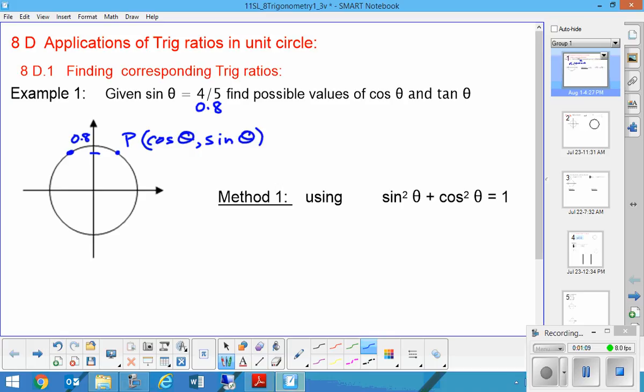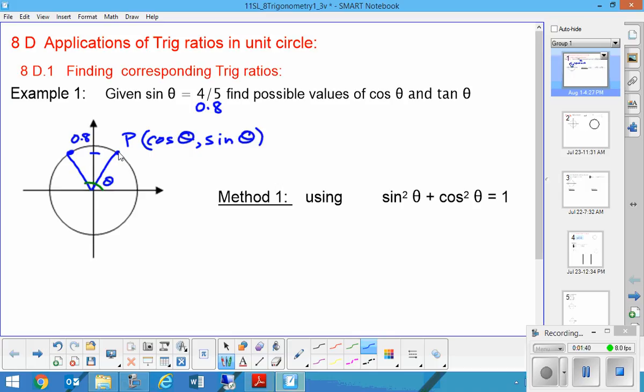So there's two places where P could be, where sine is equal to 4/5. In other words, there are two angles that we could give as an answer, either that angle or this angle, that is, either theta or pi minus theta. Anyway, we'll go into that in more detail in a moment.